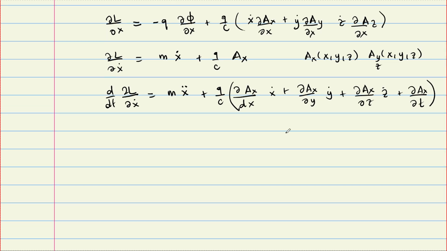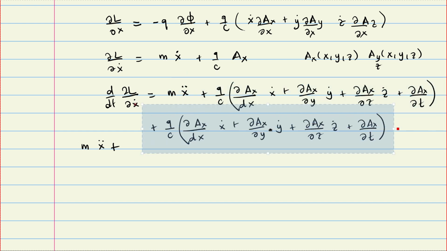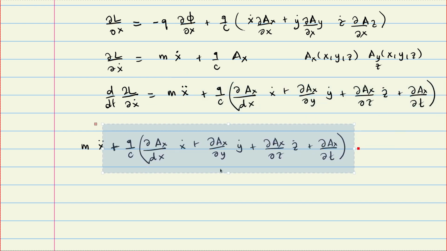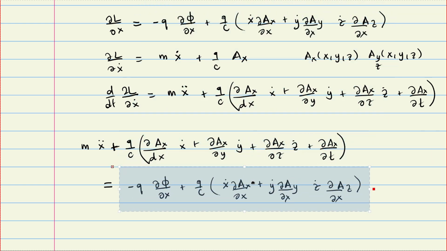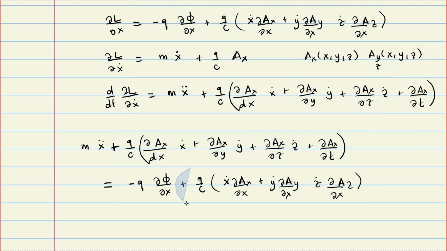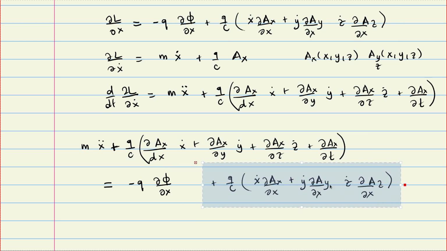Now I put all of these in the equation of motion. So from here I have m x double dot plus, let me write this one, is equal to this one, and let me open up some space.